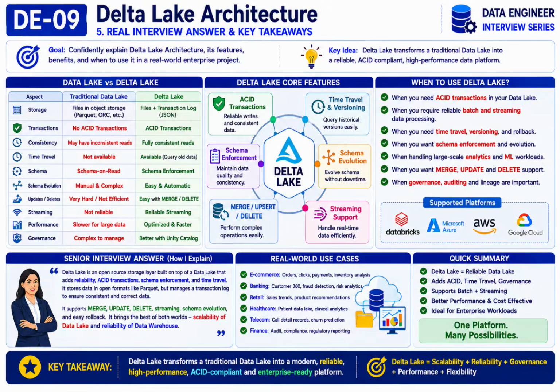Delta Lake supports both batch and streaming workloads on the same data, reducing duplication and simplifying architecture. In enterprise projects, I recommend Delta Lake whenever the organization requires reliable analytics, machine learning, streaming, governance, and scalable cloud based storage. It combines the flexibility of a data lake with the reliability traditionally associated with a data warehouse.